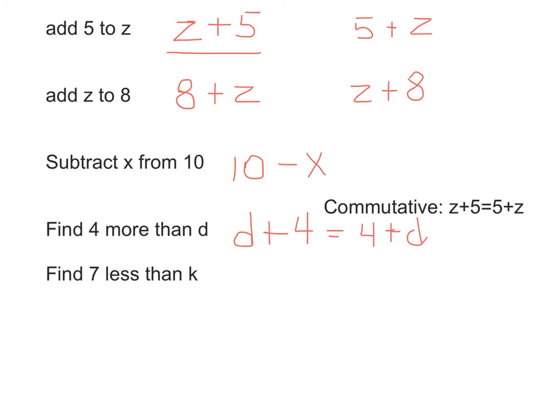And the last one, finding 7 less than K, I'm starting with K, and I'm taking 7 away. And that's the only way that one can be written. 7 minus K gives me a different answer, so it's not possible. Subtraction is not commutative.